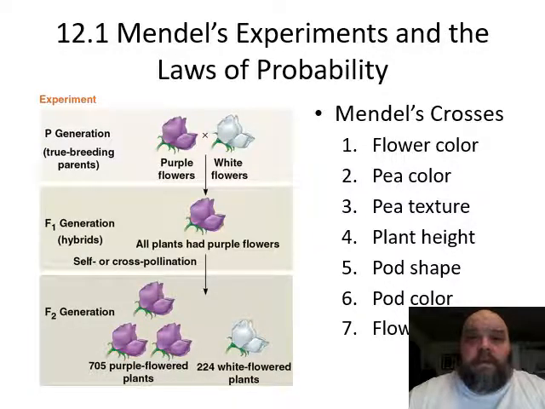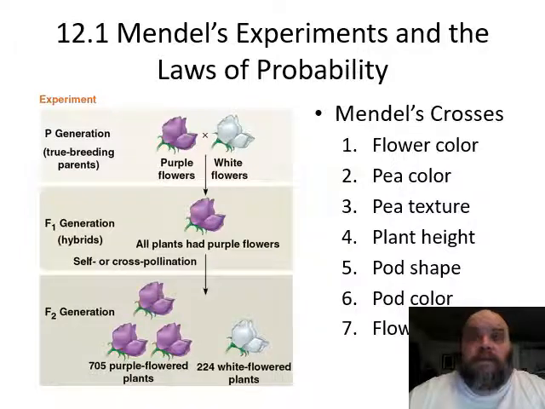He did the whole cut, pollinate with a paintbrush, waited to see what the seeds were, counted the seeds, planted the peas, and then looked, a few weeks later when those germinated, at what the plants were. What did they look like? The F1s, all purples. White flowers disappeared.